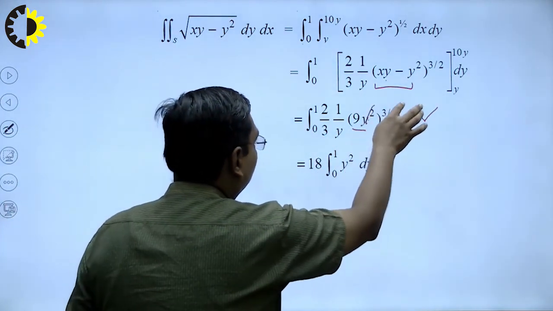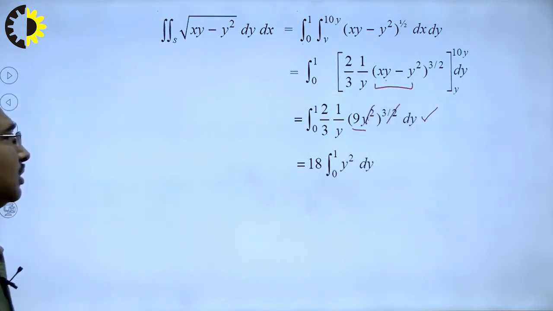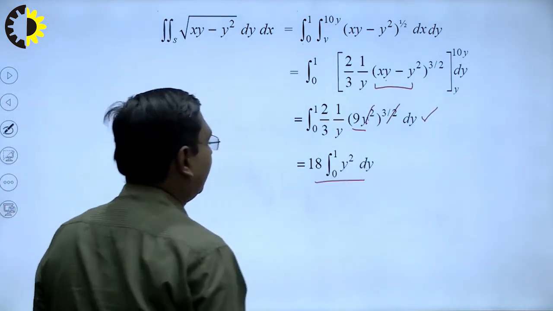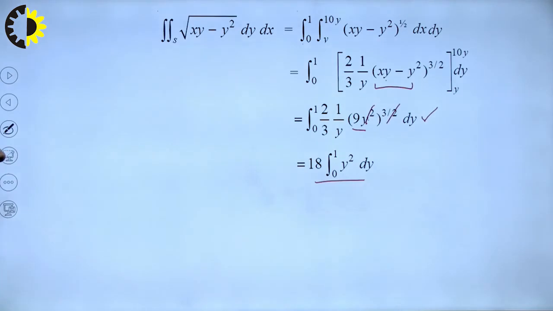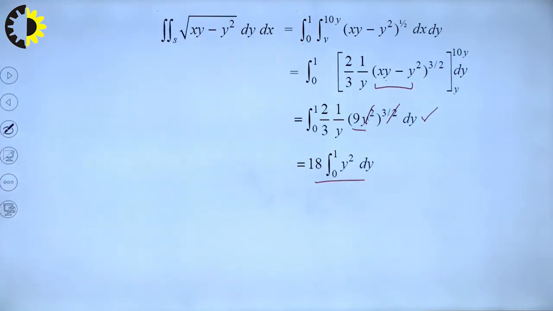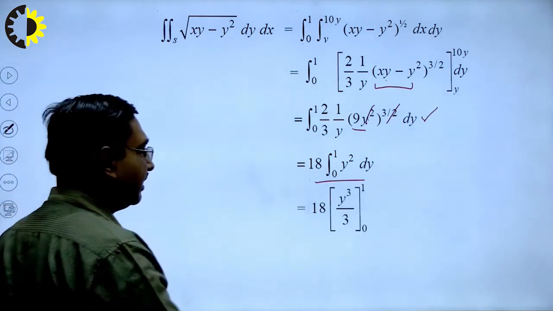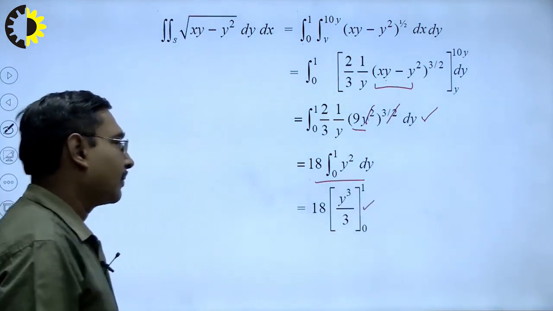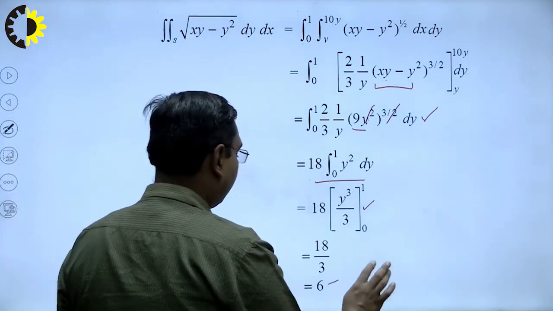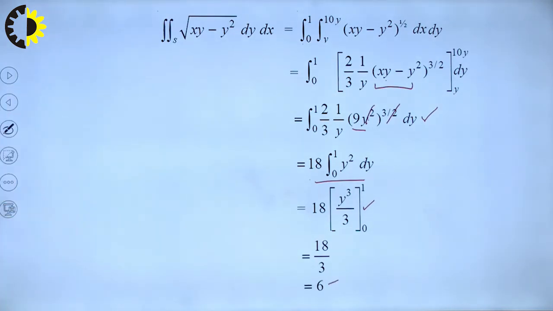This power 2 and this fractional power will cancel out, and I am left with this expression 18y square dy, y from 0 to 1. This is a very simple definite integral, can be evaluated easily. Its value will be y cube upon 3. Applying these limits, I obtain 18 upon 3, which will be 6.